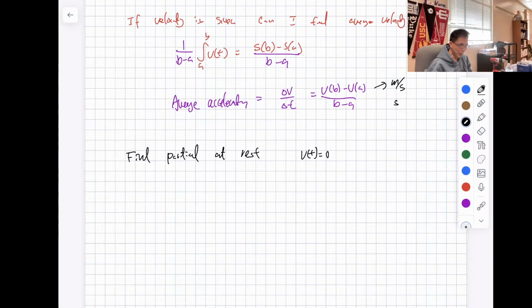But if we change directions, that means v of t equal to 0 and change in sign at that particular time. Got it?